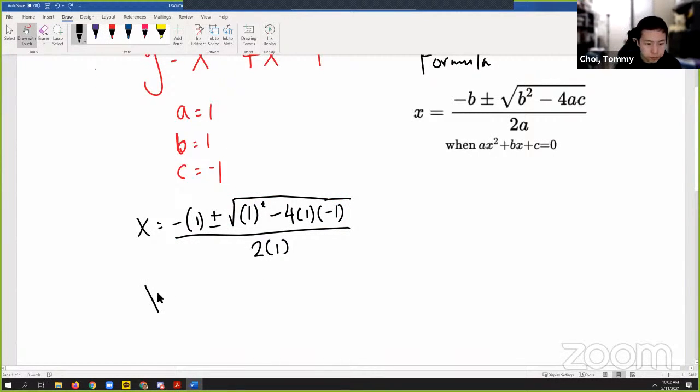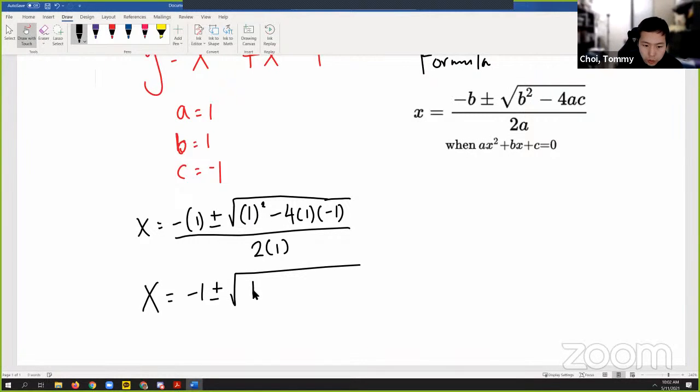So here, x is equal to -1 plus or minus the square root. 1 squared is 1. And then I'm going to multiply all of this. So -4 times 1 times -1 gives me +4. All divided by 2. Okay, and I'm going to rewrite that square root.